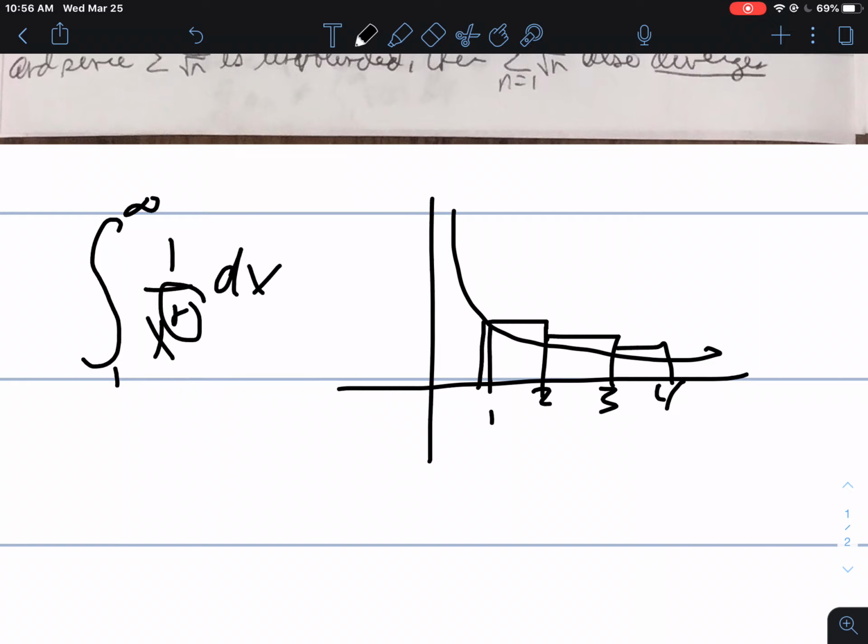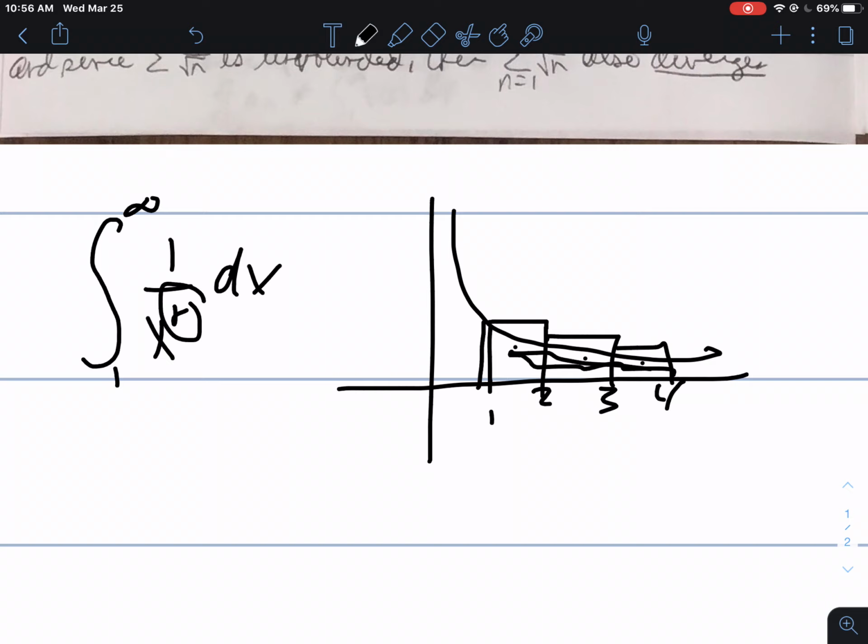And that's fine, because the area under 1 over x to the 1/2, 1 over square root of x, is infinite. And since the area of our rectangles is larger than that value, then I know that my series would diverge because the area represented by those rectangles is larger than the area under the curve.